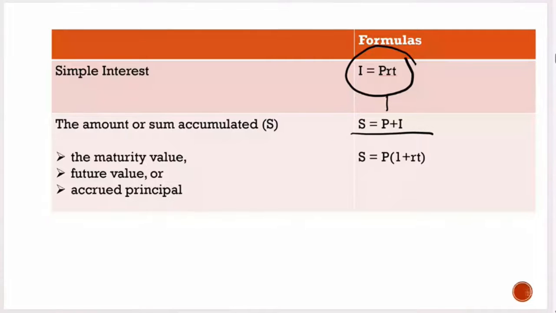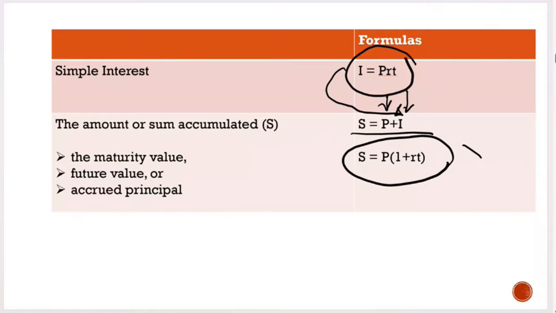That means the principal value together with your interest, the interest being this one. So this is one formula, and then another formula will be this one. Most of the time we are using this formula, but sometimes you don't necessarily have to use it. It depends on what information is given to you, but be aware of the formulas.